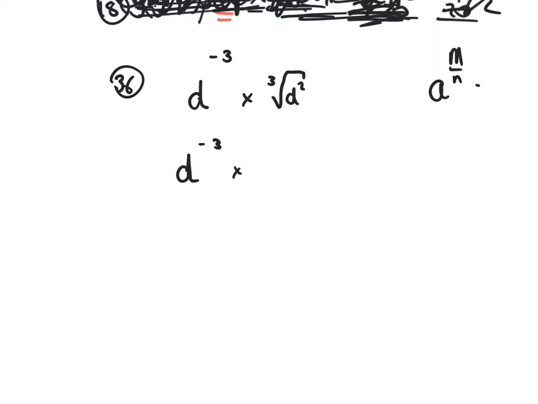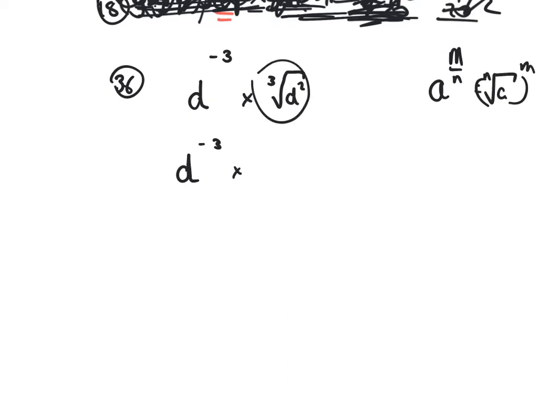Okay, example 36. Let's simplify d to the minus 3 multiplied by the cube root of d squared. So that's d to the minus 3 multiplied by, so remember the power, a to the power m over n is equal to the nth root of a to the power m.